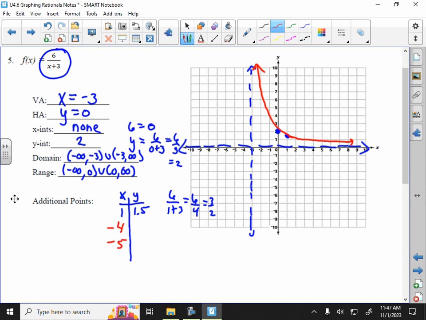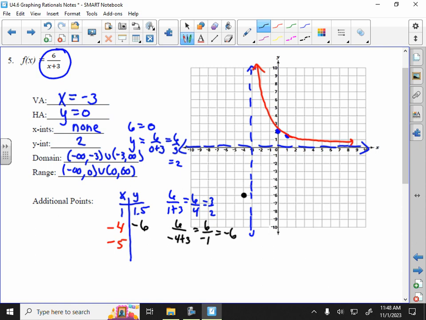Okay, again, we're going to plug them back in for x, and then find the y values. All right, so plugging -4 in for x, that would be 6 over -4 plus 3. So 6 over -1 is -6. I plot -4, -6. Okay, it puts this right down here in the quadrant that it's supposed to be in.